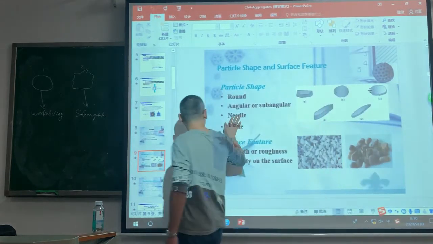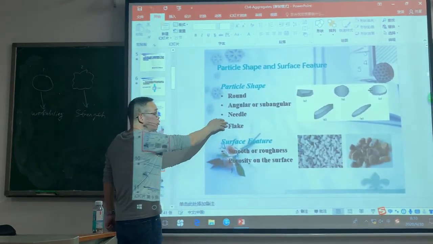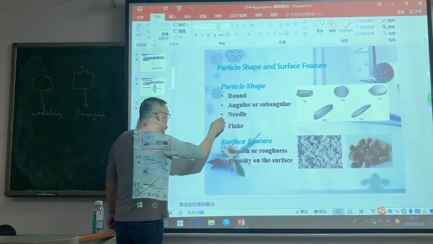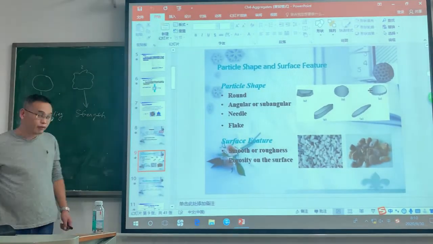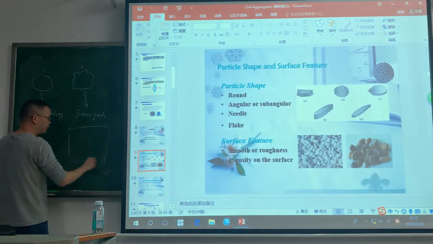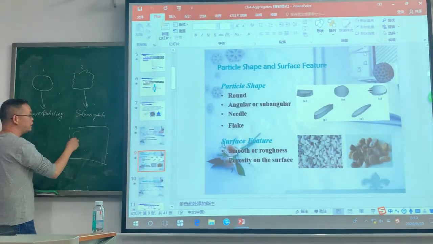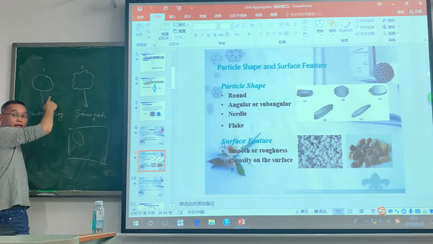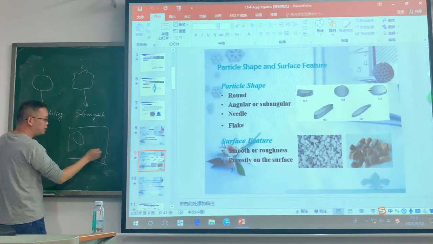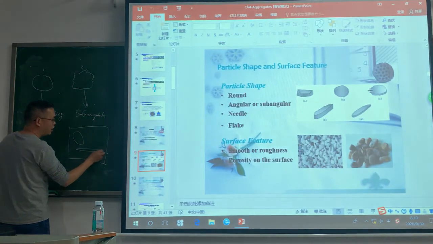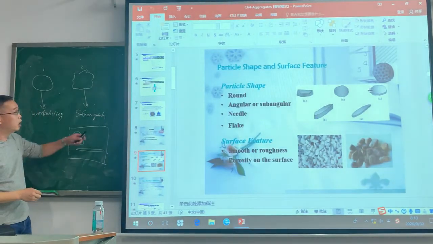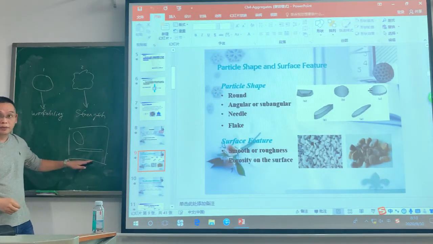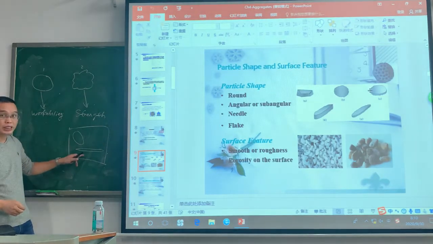Maybe someone doesn't know the reason they are poor. If this is the specimen, this is a round shape of aggregate. It is good. And this is a needle shape of aggregate. So maybe in the same specimen, there are two kinds of aggregate shape.